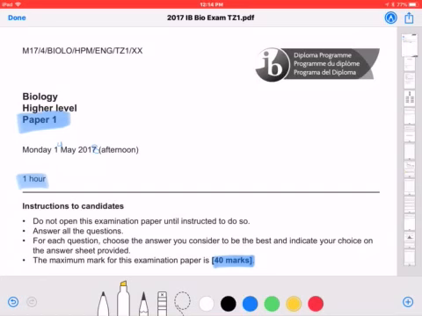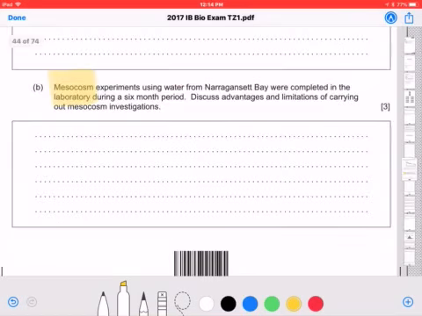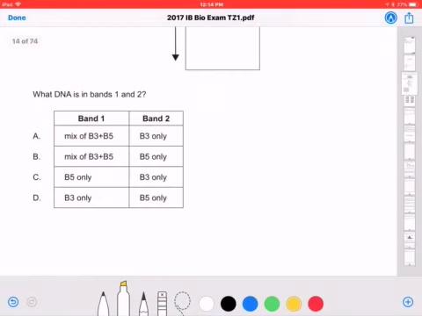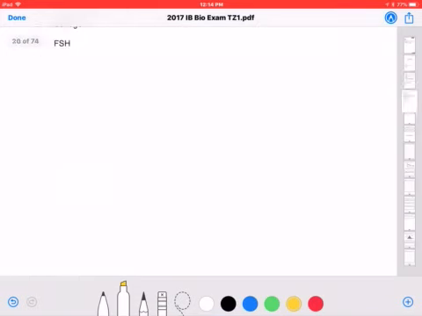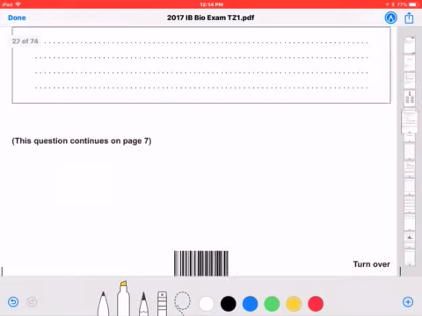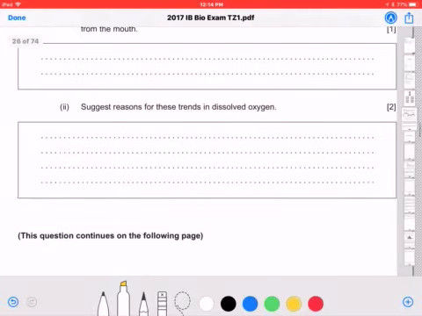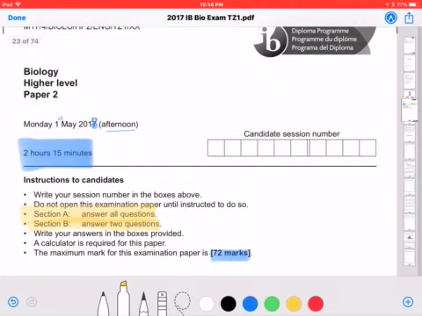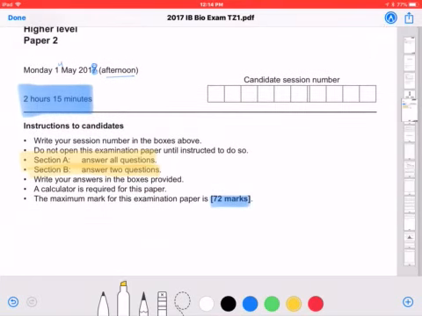And then you're going to move on to paper 2, which is 72 marks. It's all open-ended questions, 2 hours and 15 minutes.